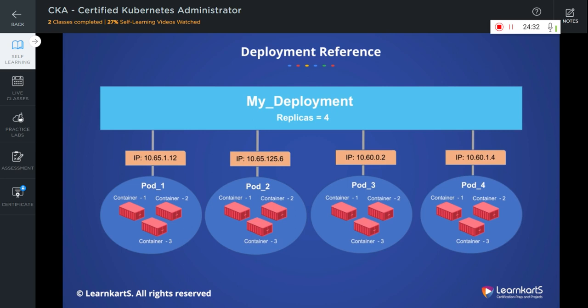They may be on the same node, may not be on the same node, depending on the resources and the definition explicitly mentioned. Whether you say that I don't want node affinity, I want them to be separated so that the dependency on the node is reduced, so if one node goes down, I still have the other three pods running on three different physical nodes. So you can give those instructions.